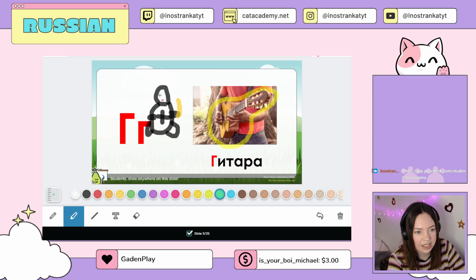I can say that this is an animal, but the question is, what kind of animal is it? Okay, so I'm not very good at drawing, especially on the computer, but it's supposed to be gorilla.